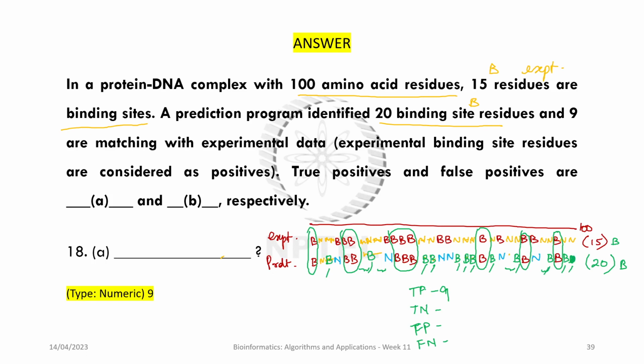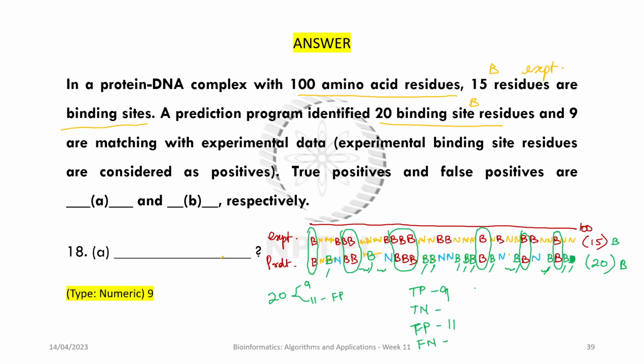So if you have 20 Bs and 9 of them match, you will have 11 which are Bs but they are matching with N. I hope this was clear for Kritika. So in prediction, you have 20 Bs, of which 9 are matching with the experimentally found Bs, which leaves 11 as Bs which are not actually Bs. Therefore, these are false positives. It was a very straightforward question which I complicated unnecessarily.